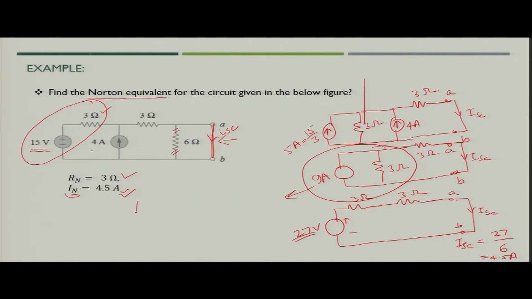So, finally, what would be your Norton's equivalent? Norton's equivalent would be a 4.5 ampere current source in parallel with the resistance of 3 ohm across terminal A B. So, you get the Norton's equivalent of the circuit.